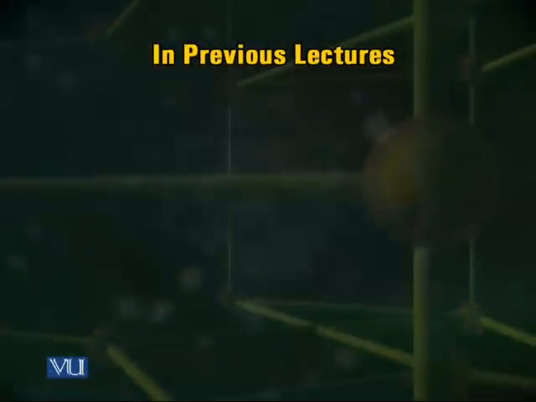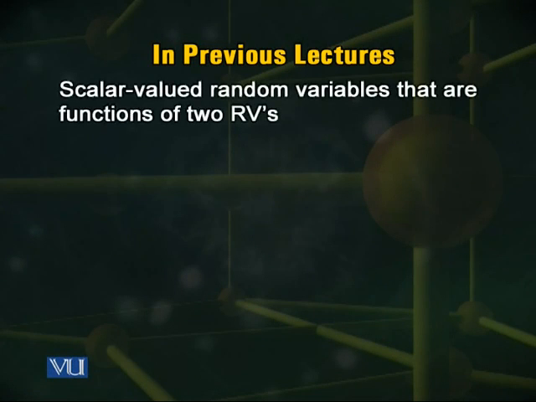In previous lectures we have been discussing the behavior of a scalar valued derived random variable. I call it derived because it assumes values which are functions of values of two other random variables.